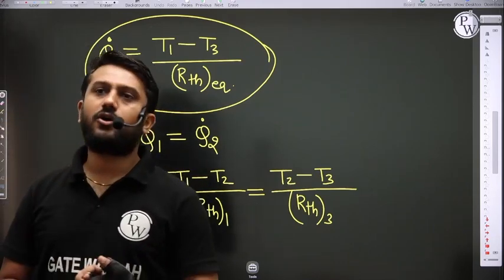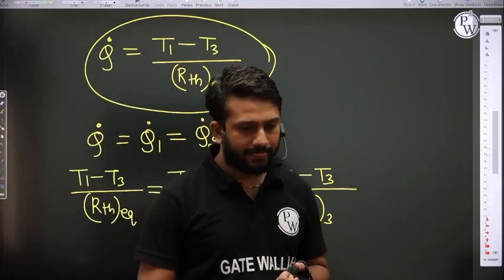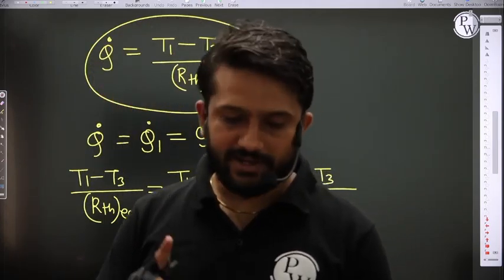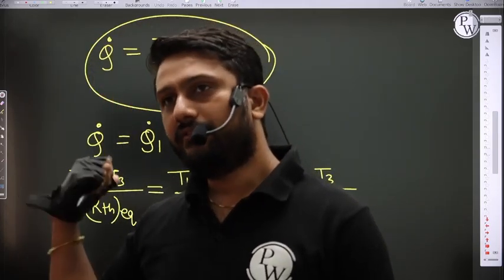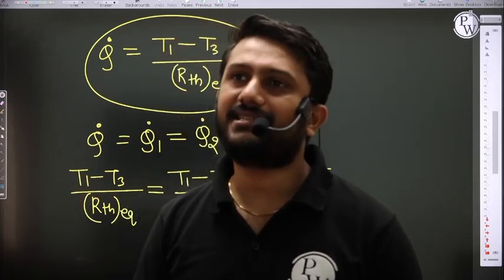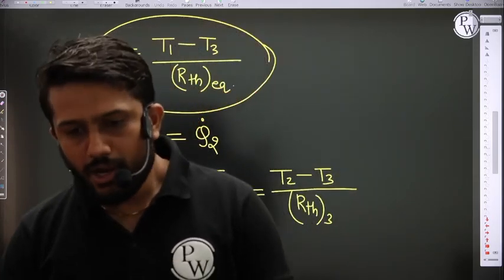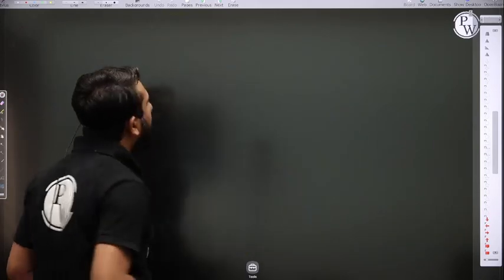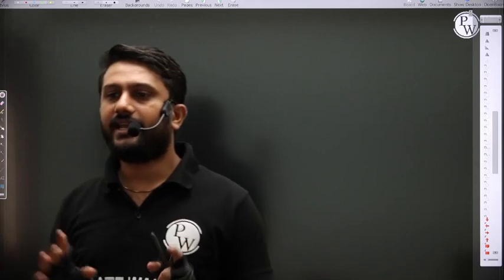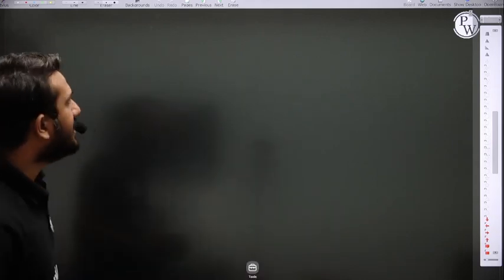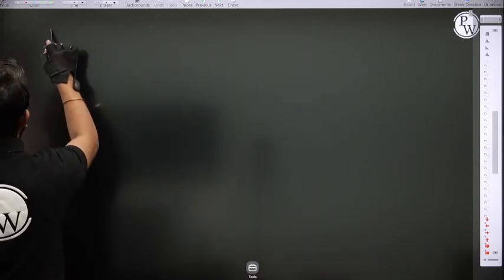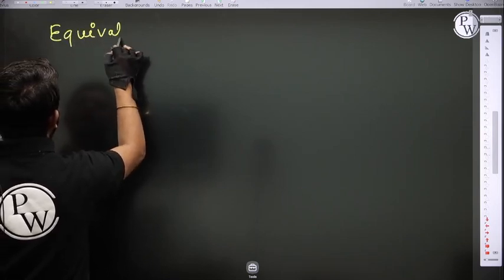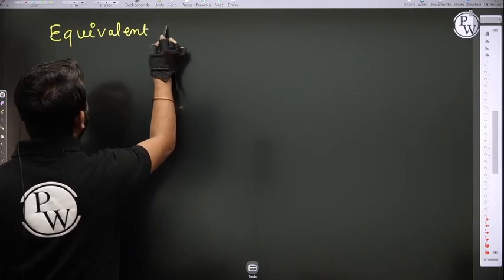Okay, so in case of the hollow cylinder, we found the temperature variation, we found the rate of conduction heat transfer, and we discussed the multi-layer cylinder, or the composite cylinder. Now the next concept is a very, very important concept, and that concept is the equivalent area concept. What is that equivalent area concept?